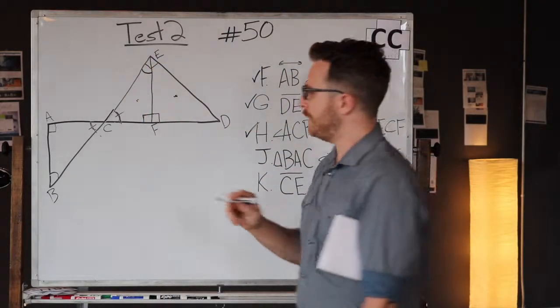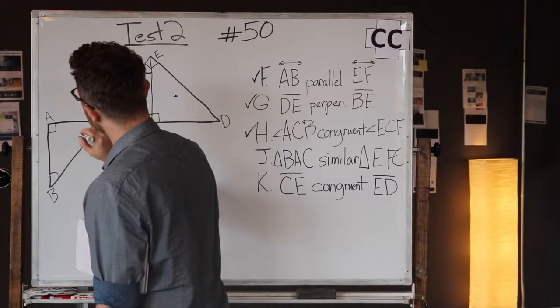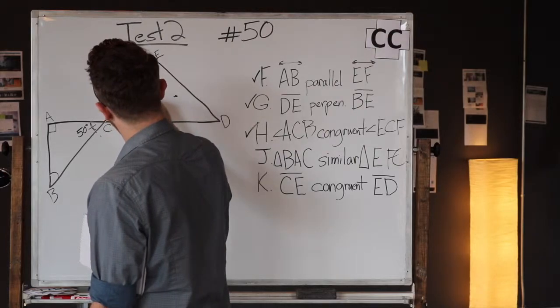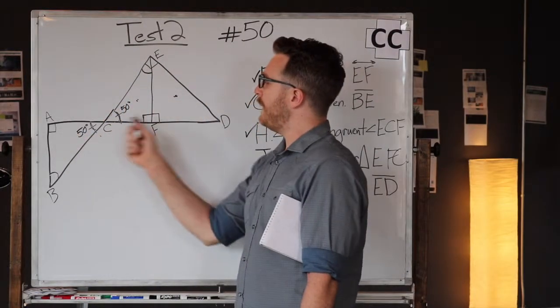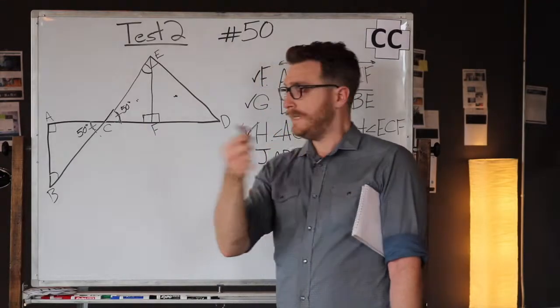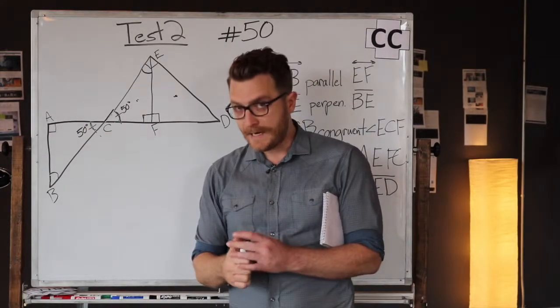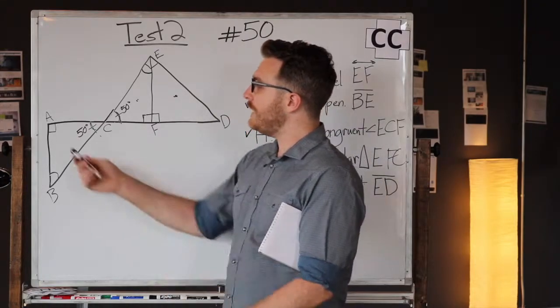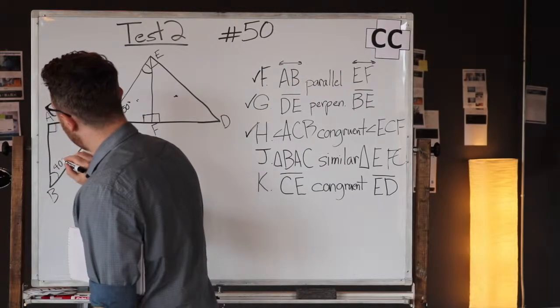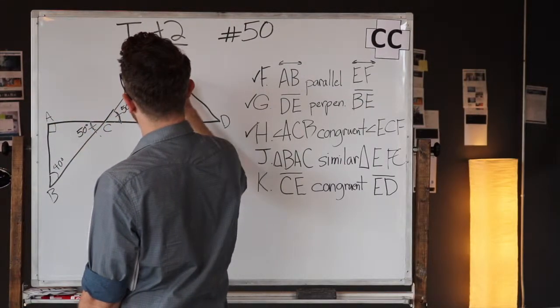Let's just throw some numbers in to make this make a little bit more sense. Let's pretend that C on both sides is 50 degrees. 50 degrees on both sides, and then they have 90 degrees at those points there. And the angle inside a triangle is always 180, so take 180 minus 90 minus 50, I know the final angle in both of these has to be the same.